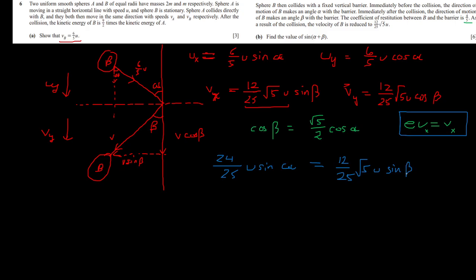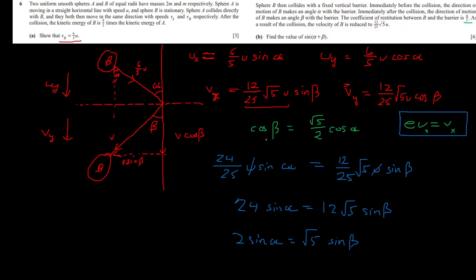Cancel u off, multiply 25 on both sides, we get 24 sine alpha equals 12 root 5 sine beta. Divide 12 on both sides, so you get 2 sine alpha equals root 5 sine beta. And now we can isolate the variable alpha or beta.